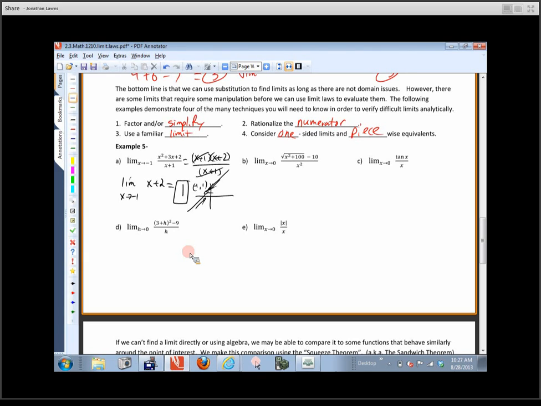When you plug in a little higher than -1, it makes the answer positive, but if you get a little lower than -1, it makes it negative. Think about it this way. A little bit bigger would be plugging in -0.99. A little bit smaller than that, approaching from the left side, would be plugging in -1.01 or something like that.